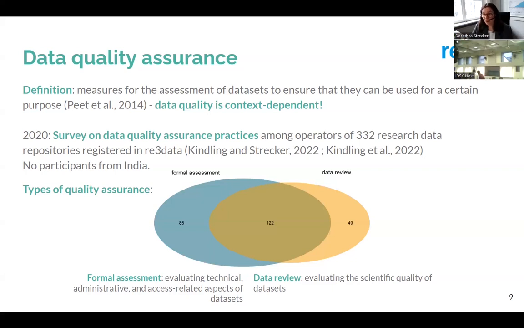And overall, it is quite common for repositories to do both formal assessment and review of data. And between the two types, we can see that data review is a little less common. 51.5% of participants state that they perform data review, whereas 62.3% said that they performed formal assessment.